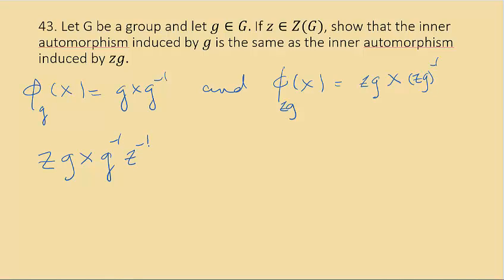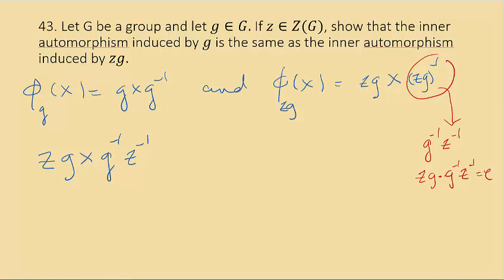You can always do that regardless whether the group is abelian or the elements commute. That's what (zg) inverse is. In fact, I'd like to highlight for students that when you take the inverse of a product, you can always say in any group that it is g inverse z inverse. Why? Well, because zg times g inverse z inverse is the identity. Inverses are unique. So we can always do that.